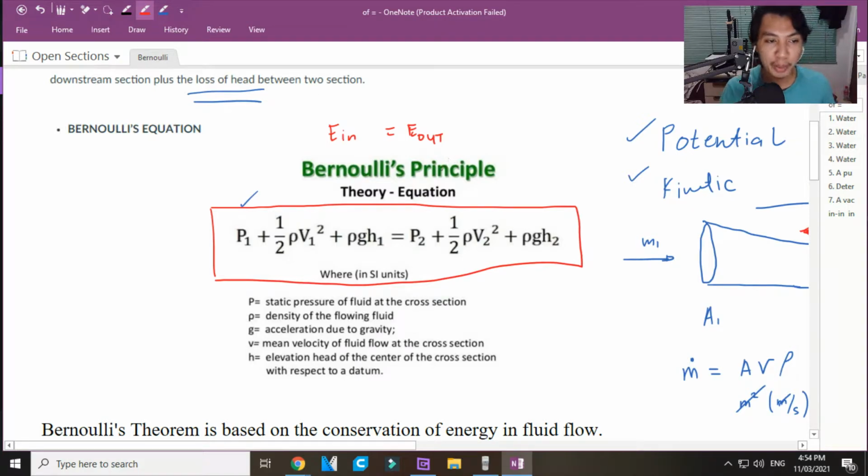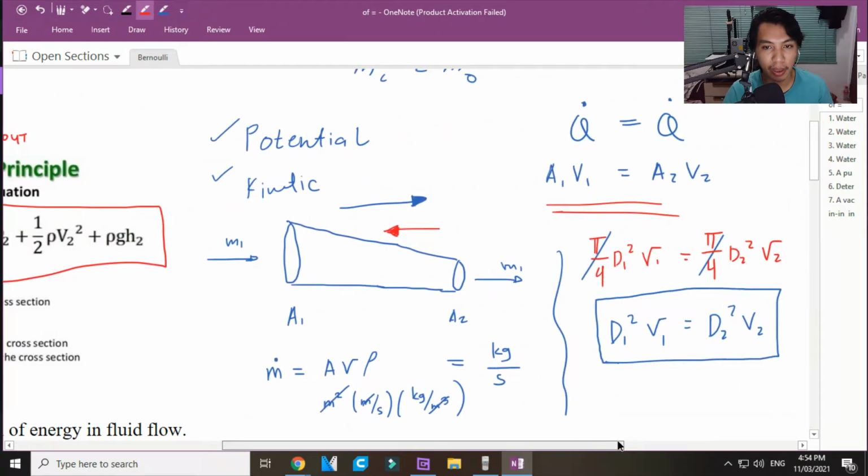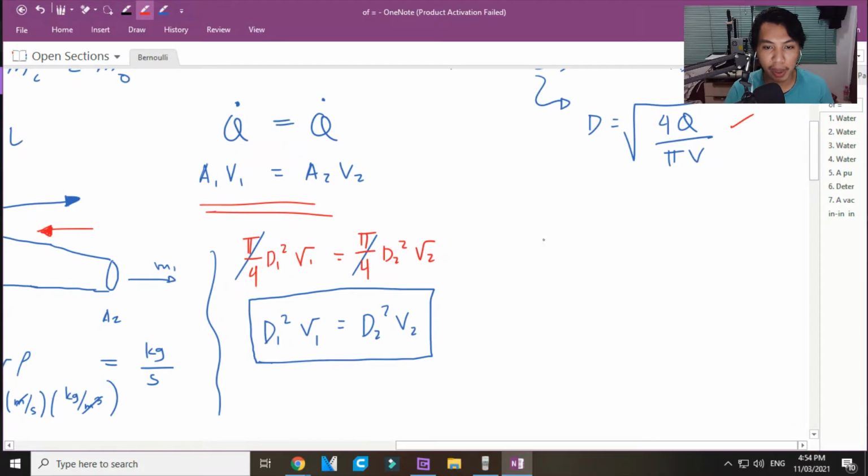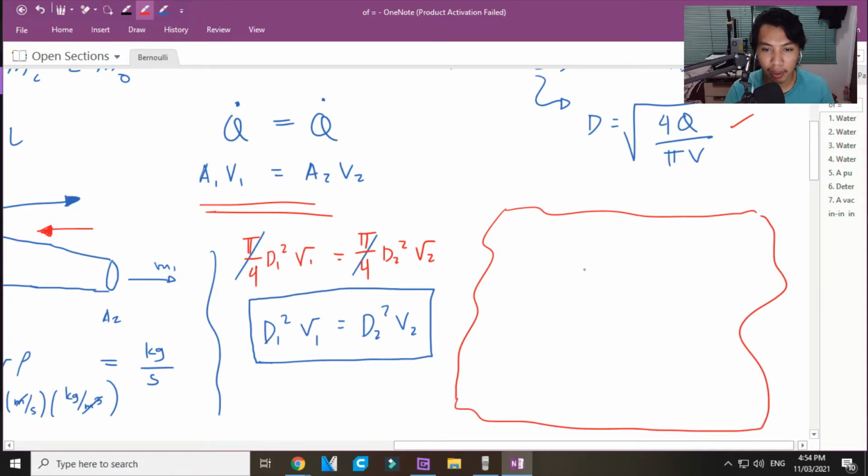So, by Bernoulli's Principle, you have P1 plus... this is where that came from. Class, look at this. Your Bernoulli's Principle came from this equation, from the transfer of potential energy and kinetic energy plus the pressure.